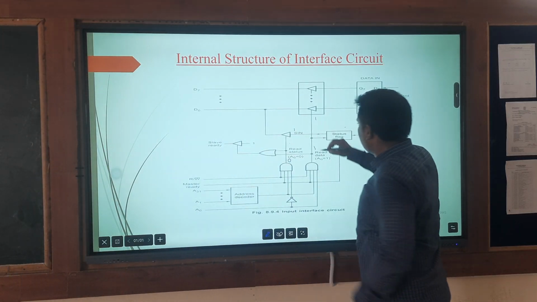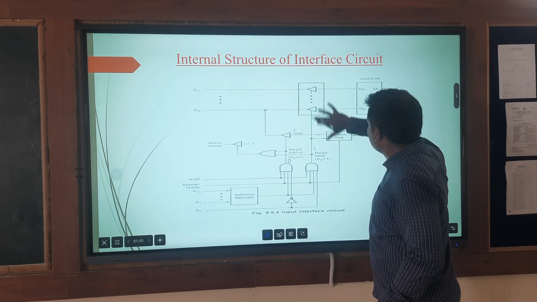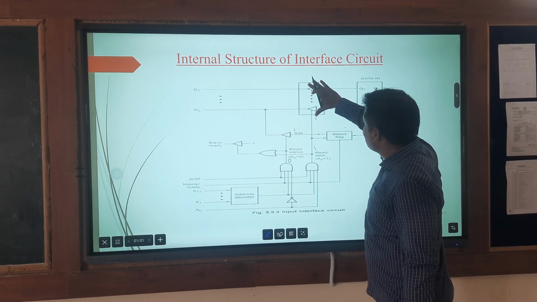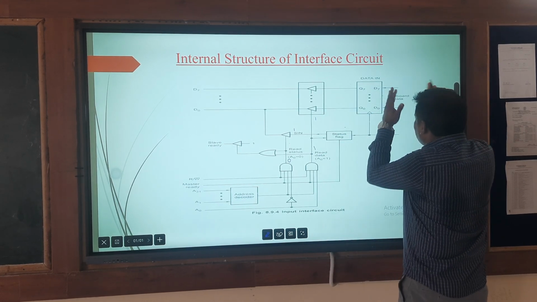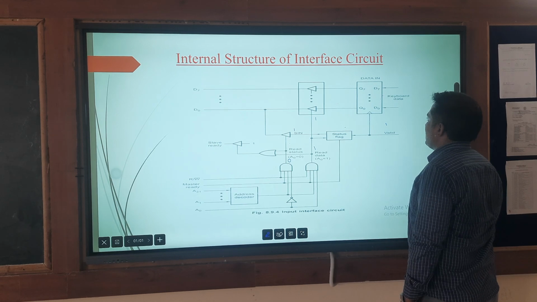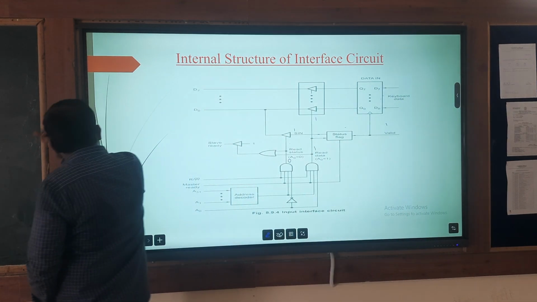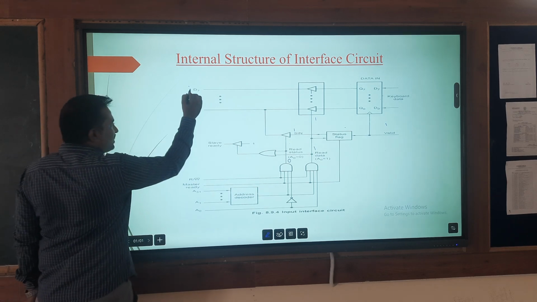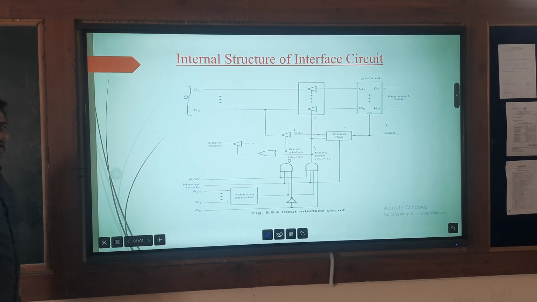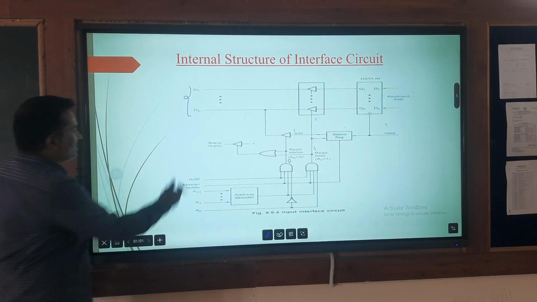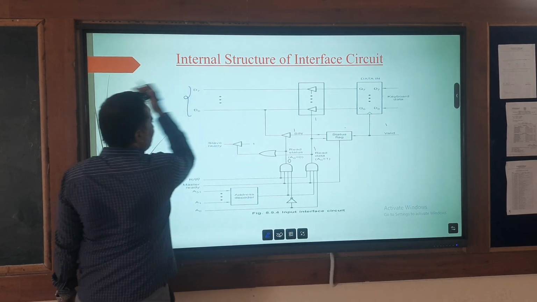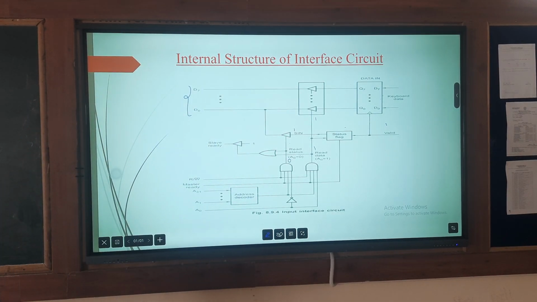Okay, now look at this. Once it is valid data and these drivers are operating, whatever data we placed in the data in buffer register will be received into the processor with the help of these data lines. By using these 8 data lines at a time, the processor is receiving input data.